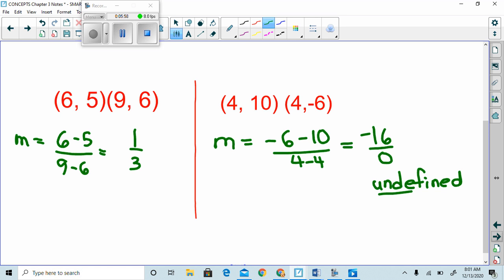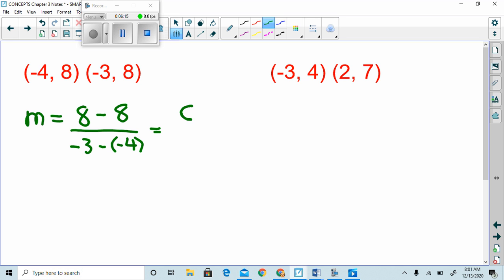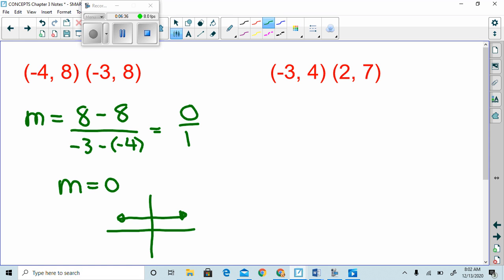And I believe there's one more, perhaps on our next slide. Yes, okay, so slope is equal to change in y, 8 minus 8 over negative 3 minus a negative 4. When I find the change or the difference, I get 0, add the opposite over 1. When 0 is in this top portion, talking about the change in the rise, this slope is 0. Okay, so when I graph something like that, I'm going to have a slope that goes straight line across, and that's a 0 slope.